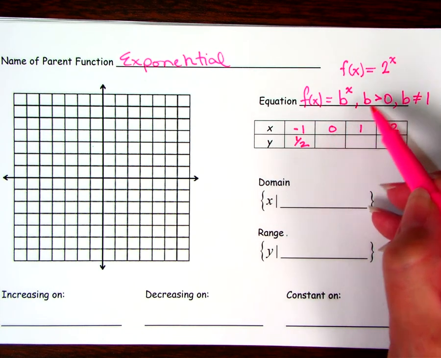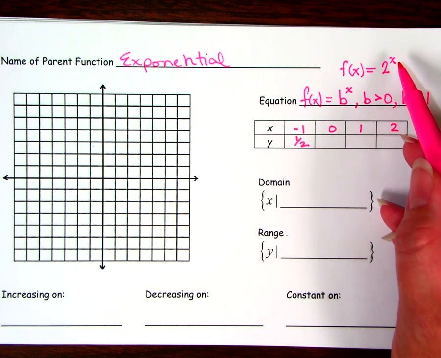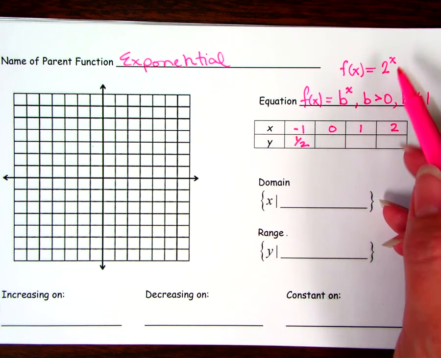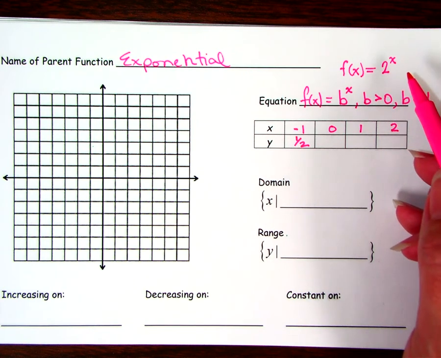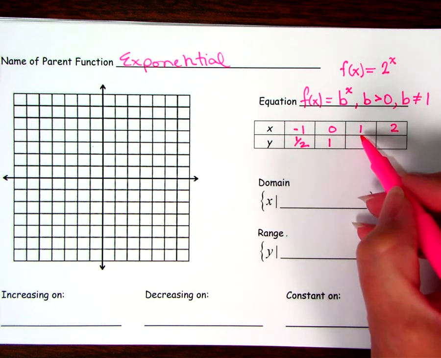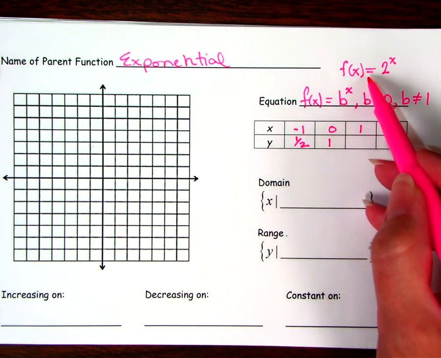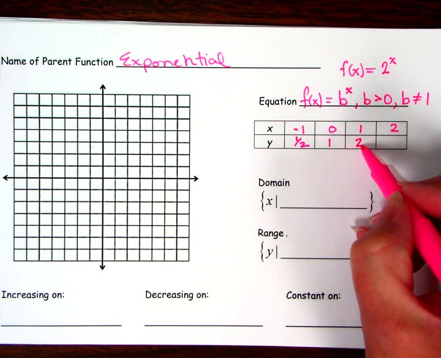If I put in 0 in place of x, then the y is equal to 2 to the power 0. And we know that 2 to the power 0 is 1, because any base raised to the power 0 is 1. If I put in 1 in place of x, y is equal to 2 to the power 1, which is just 2.